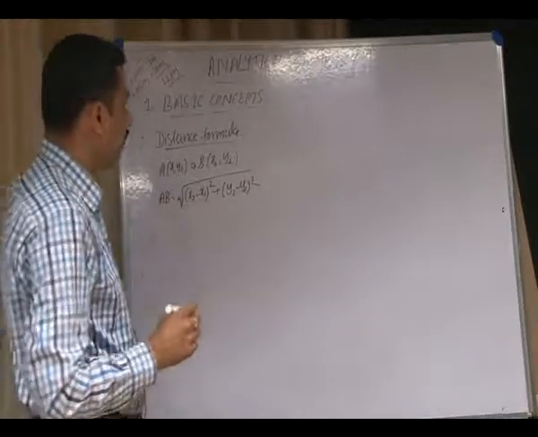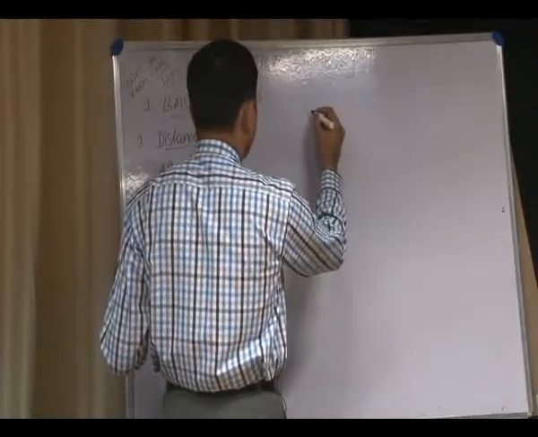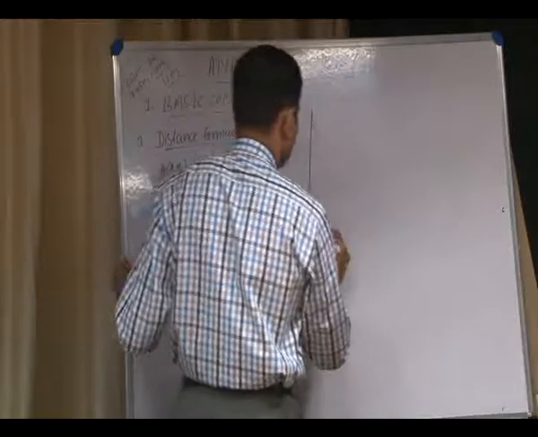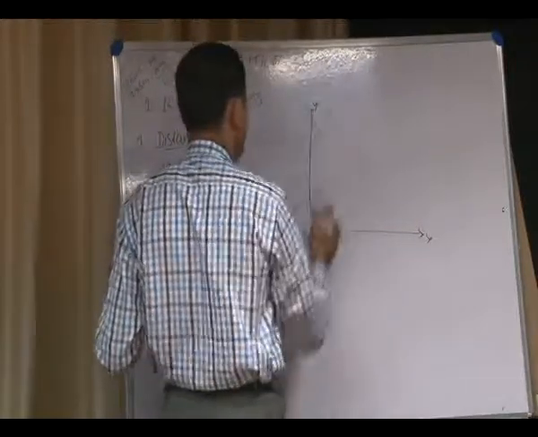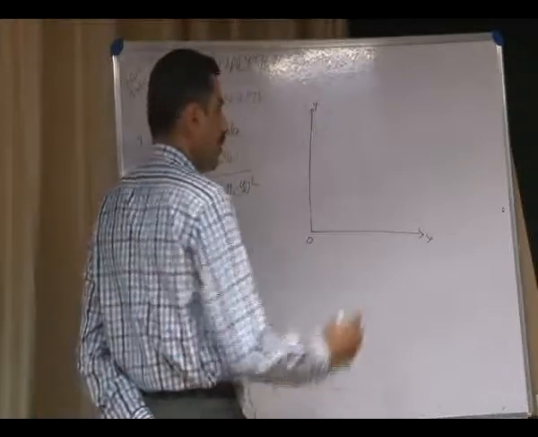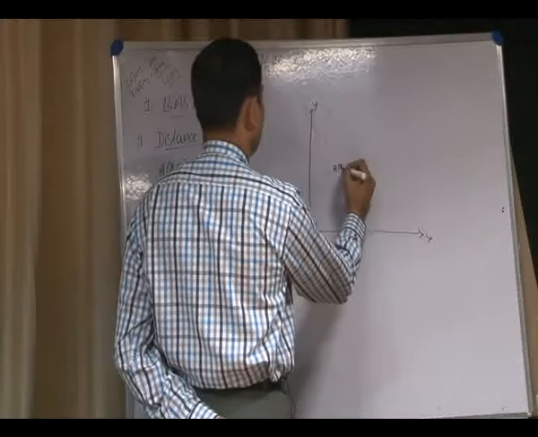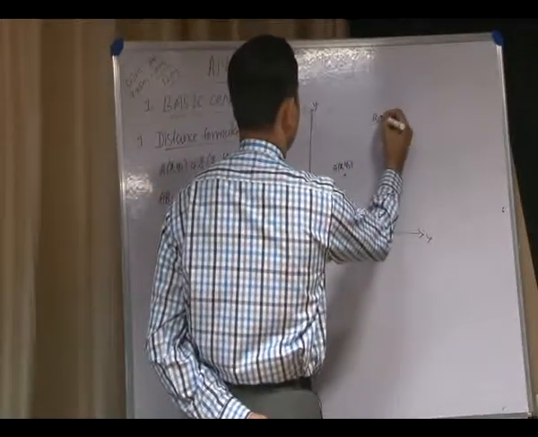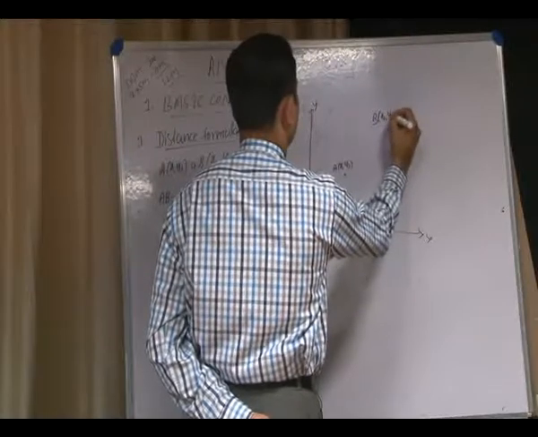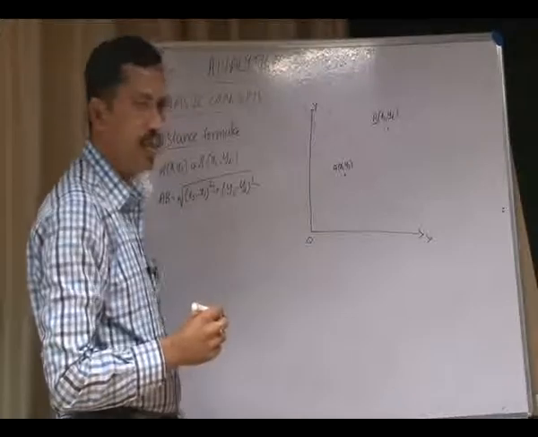To derive this equation I will consider 2 points, say A and B, on a plane. This is the x axis, this is the y axis and this one is the origin. Let A(x1, y1) and B(x2, y2) be any two coordinate points on the plane.